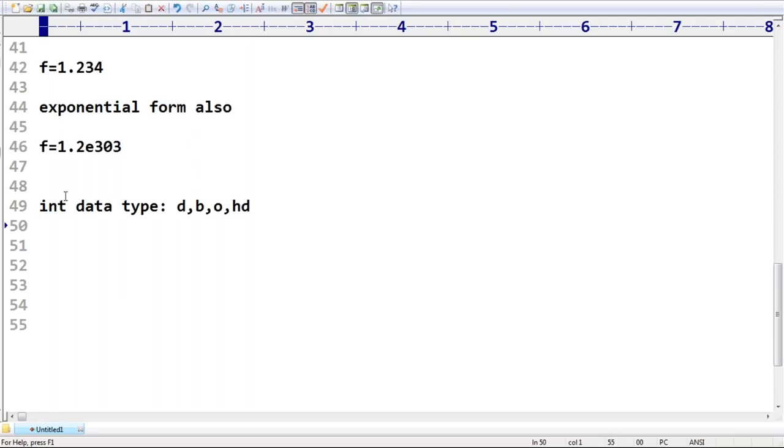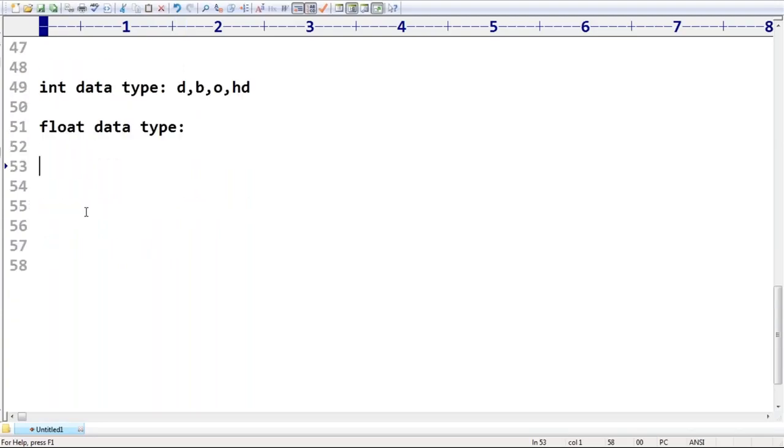Sir, now my question is, why don't you apply the same for float data type also? I want to specify for float data type also, how can you do that? Very simple, sir. F is equal to 1.234.